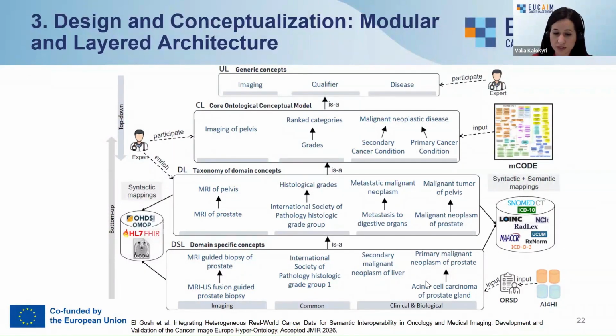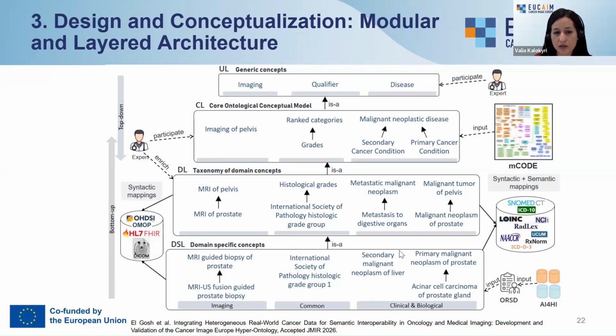For example, in the clinical and biological module, we have the pathological information, diagnostic information, biological and molecular information, all these kinds of things. In the imaging module, we have the information that relates to the imaging procedures and the metadata for them. And in the common module, we mainly have the qualifiers from AMOP or the measurement values from FHIR, and specifically the grading and staging information, though not only that. So these are the modules.